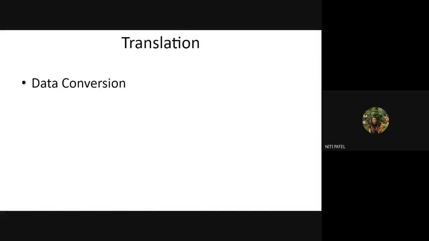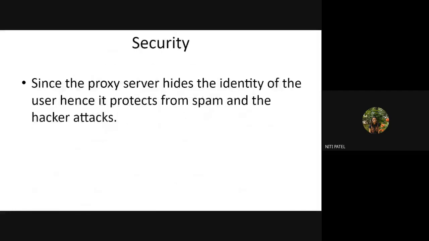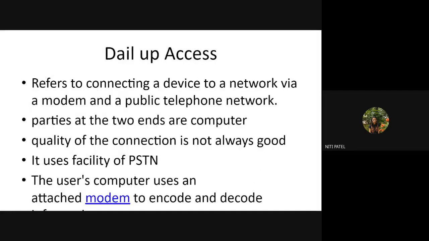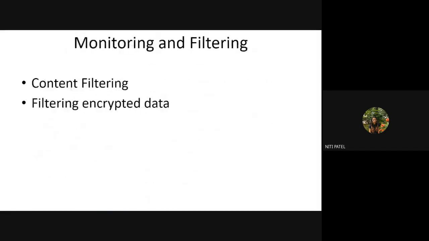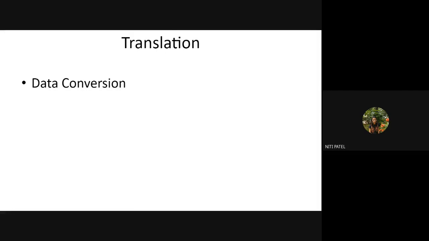Then next is translation. What is translation? It is nothing but data conversion. So if a request is coming from any type of communication that we have studied over here, if it is coming from dial-up access or a leased line or VPN or anything like this, where I have conversion of analog to digital and digital to analog, that type of function is also provided at your proxy server.